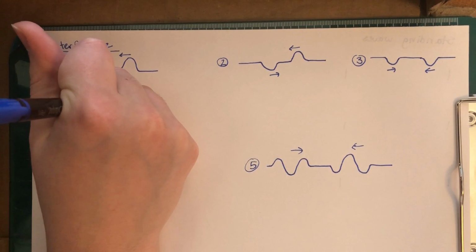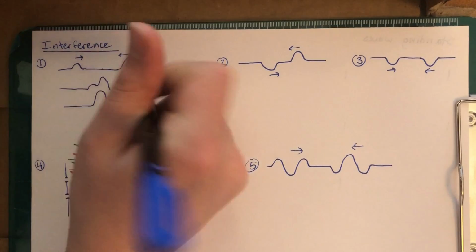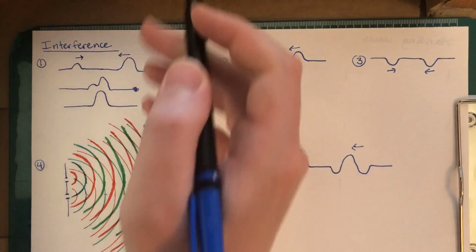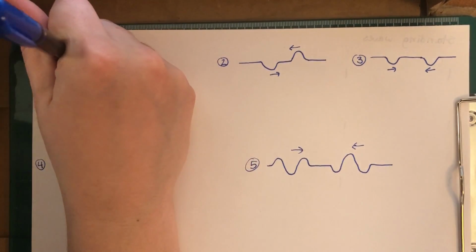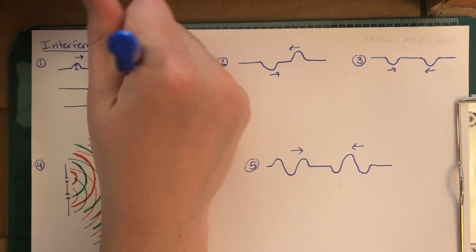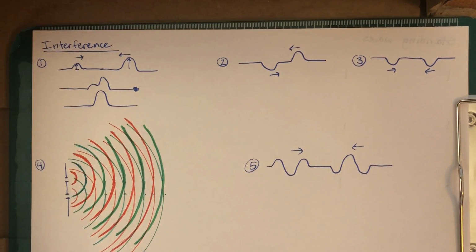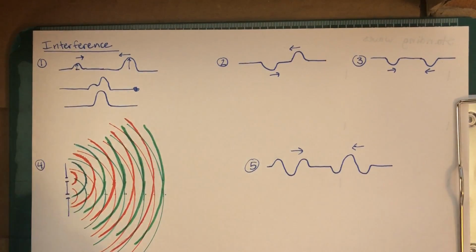When they actually overlap completely, their heights will add together. So this combined pulse is supposed to be as tall as this height plus this height. So however tall this is plus however tall this is, when they combine together, those heights add, and for just a second, it's taller than either of the individual pulses that went into it.